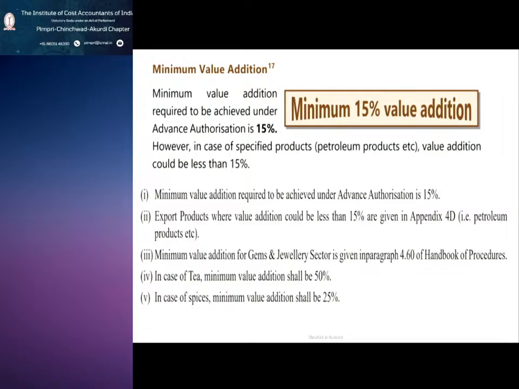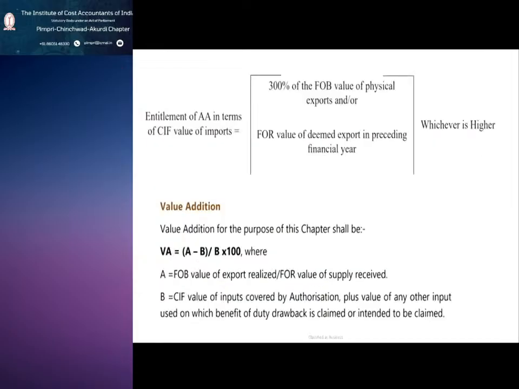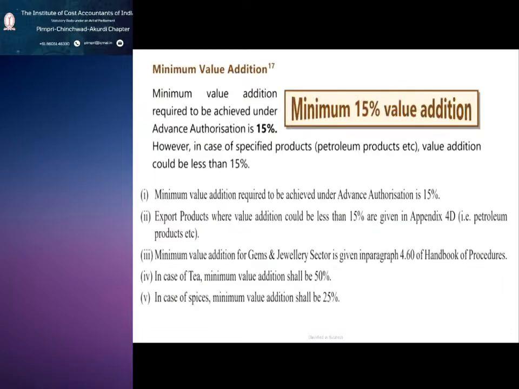So whether we satisfied the minimum criteria of 15%, or if it is tea or other spices 50% and 25%, then only for the next approval you will get the advance authorization. So value addition is just a formula we need to mention: the FOB value of export realized minus CIF value of inputs covered, divided by CIF value into 100, which will give you the value addition.